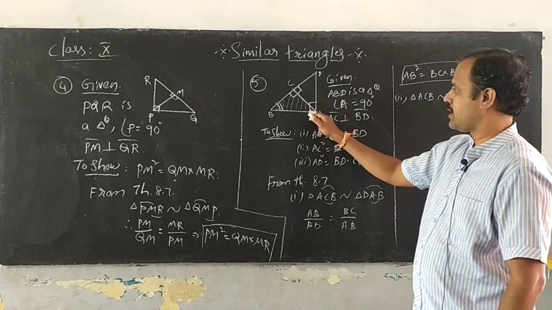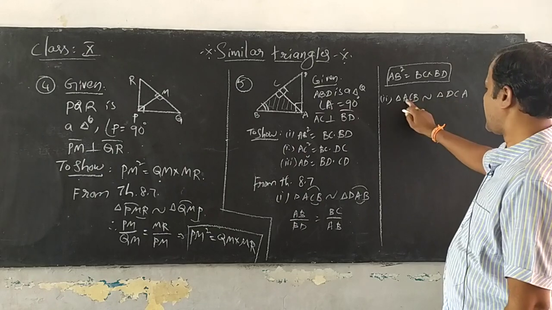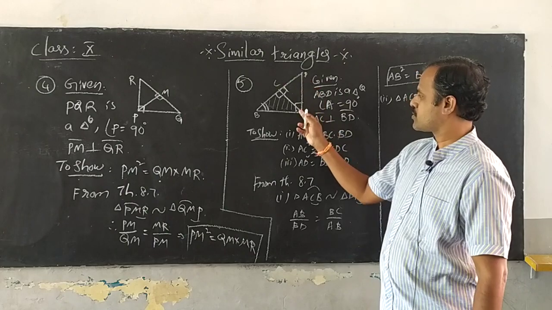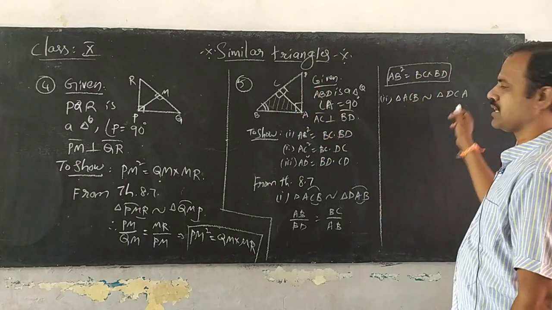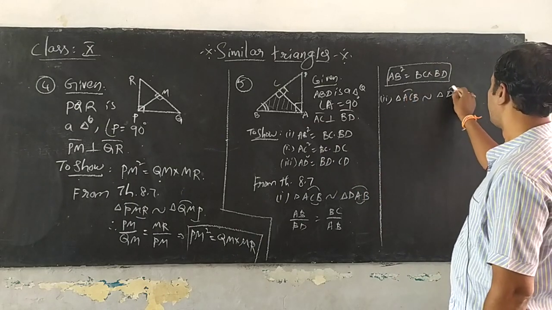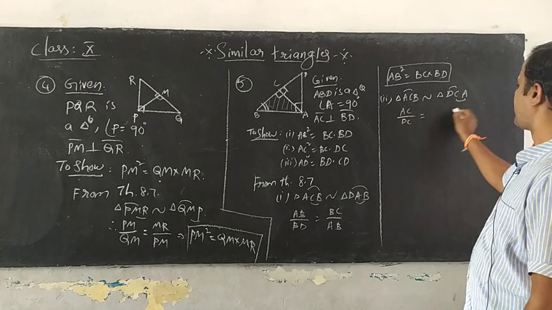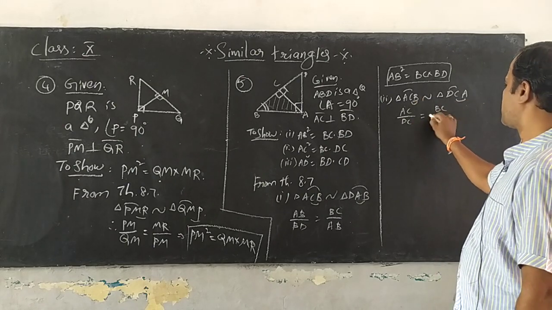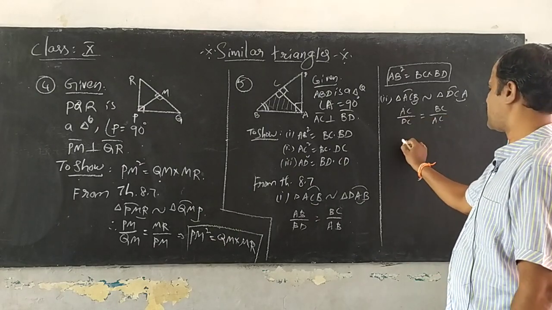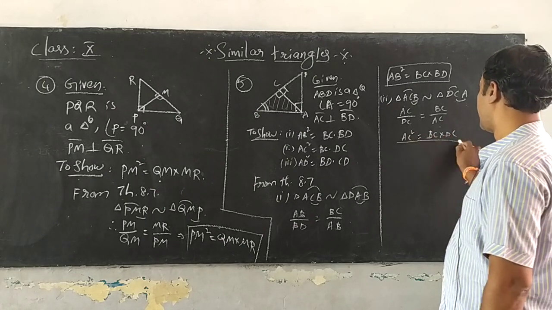So AC by DC is equal to BC by AC. Now make the cross multiplication: AC into AC, it becomes AC square is equal to BC into DC.